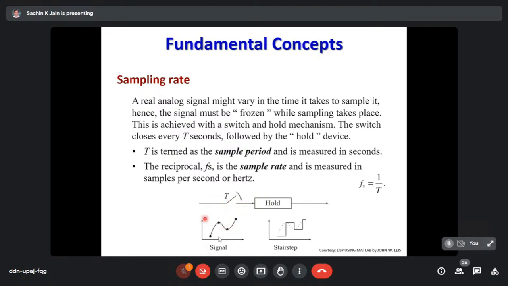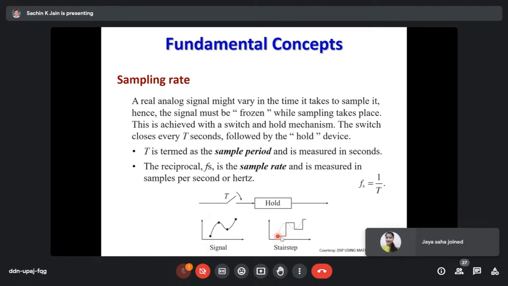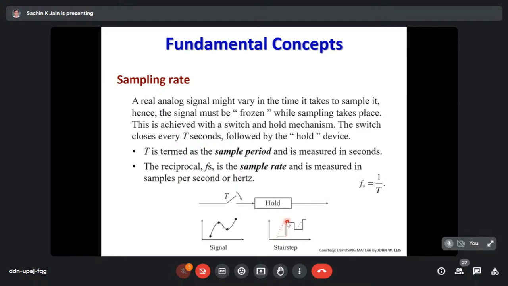So if this is your original signal, through sample and hold, it will look something like this. We have sampled at this instant. If this is our sampling period, then the value will continue for this particular duration, and then again we sample at this instant, so this value will continue for this duration, and this value will continue for this duration. So that's how we define this. The T is termed as sampling period, after which we sample, and the reciprocal of it is defined as sampling rate.